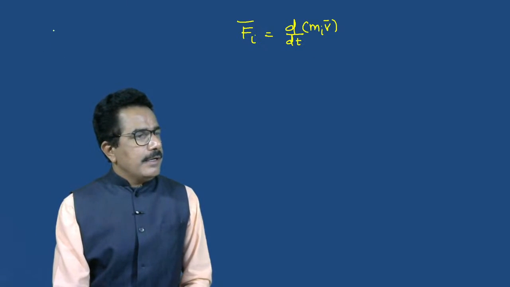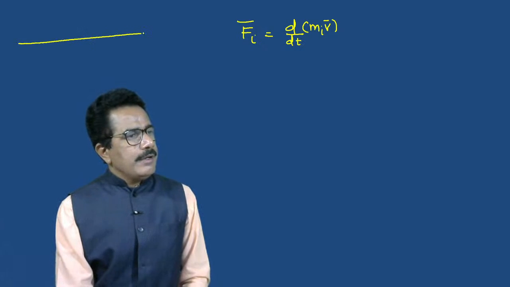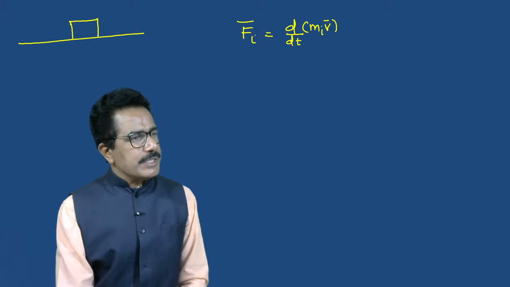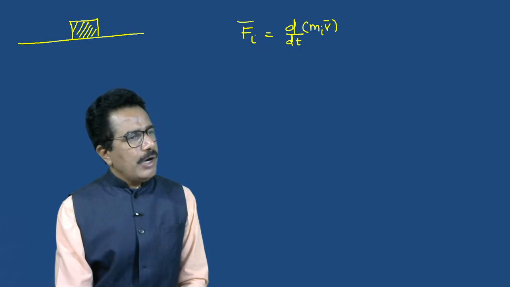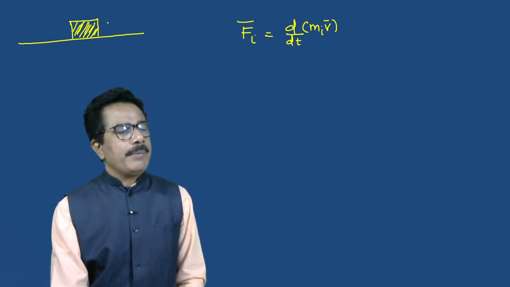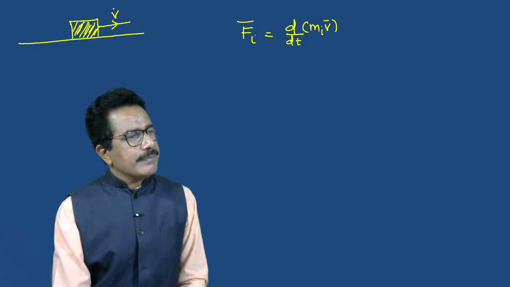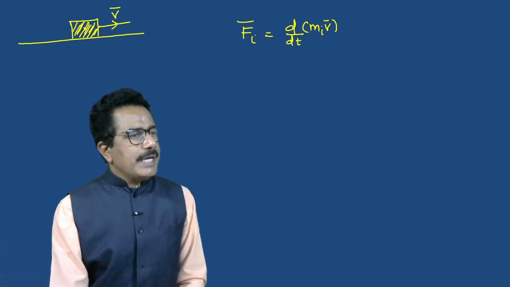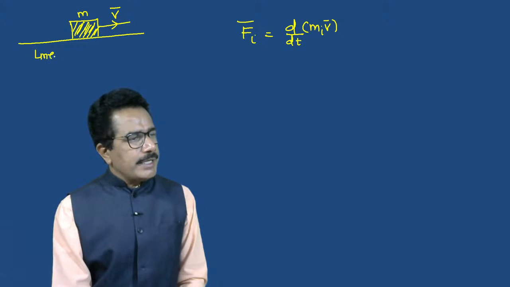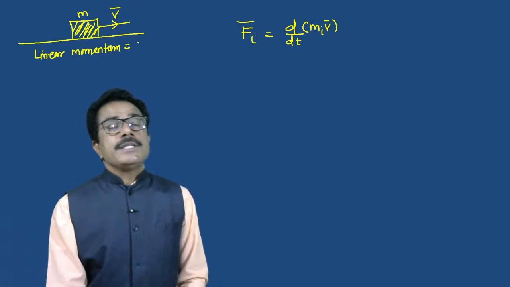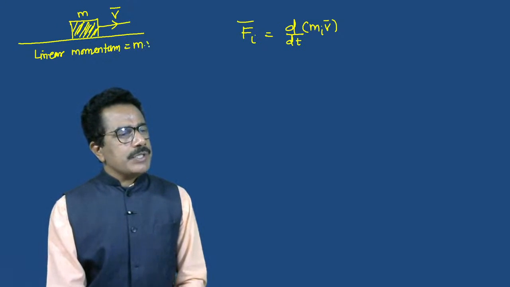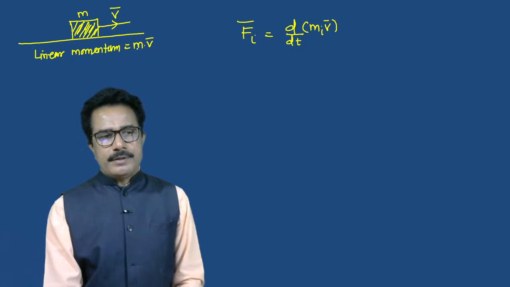Suppose a particle is moving with velocity. Suppose this is a rigid body, or we can consider the system of n particles which is moving with the velocity v bar. Mass of that rigid body is m. So the linear momentum is the product of mass into velocity.